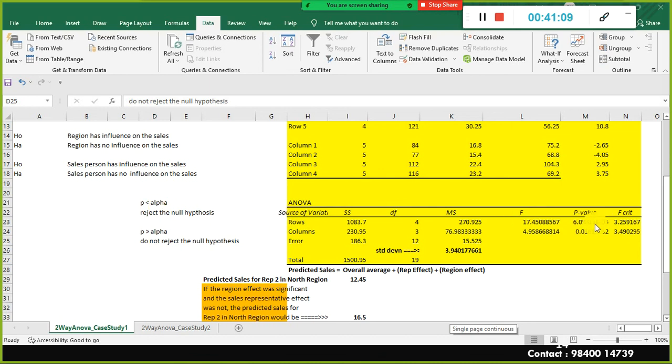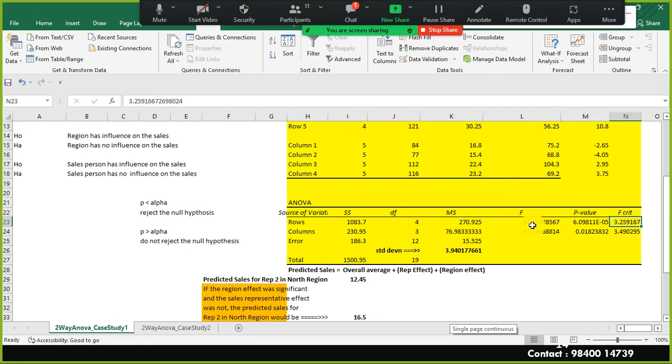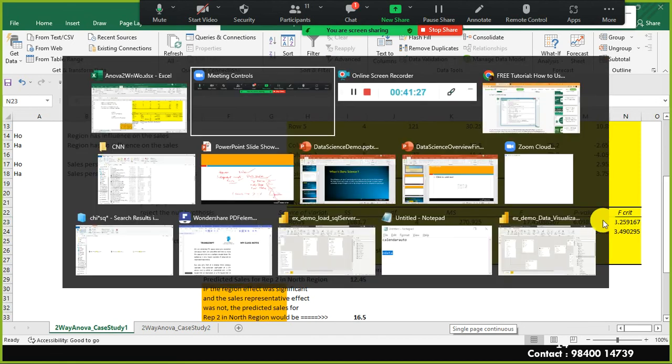No, you need to compare P value with your alpha. Here I did not say anything about P value. I'm talking about F statistic value and F critical value. If the F statistic value is greater than F critical value, yes, you remember this diagram, you remember this one.